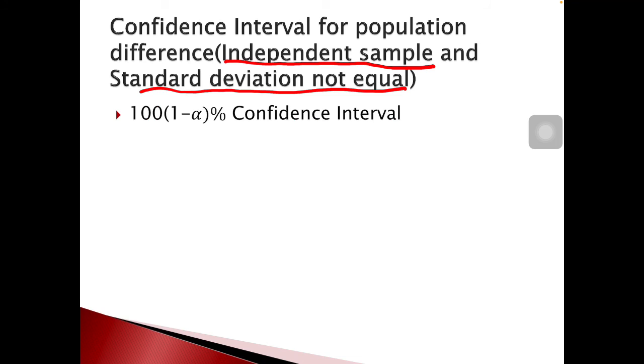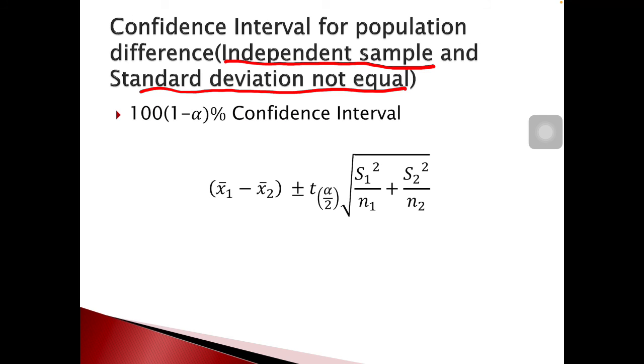So the 100 times (1 minus alpha) percent confidence interval you can find using this formula. We simply got this by rearranging our previous test statistic formula, so you do not have to worry about that.